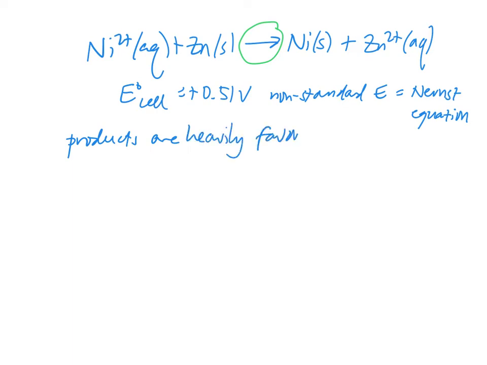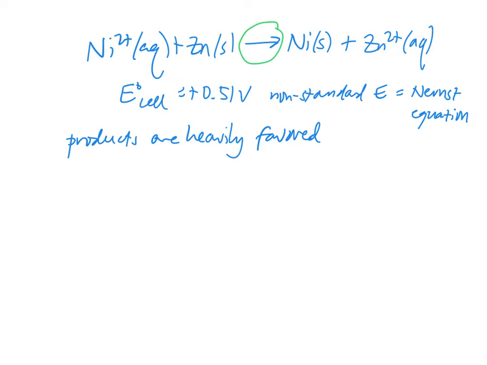Like we get pretty much 100% products and no reactants. The K value for this reaction would be enormously high, as we'll talk about in the coming days. The products are heavily favored, so the reaction's moving towards equilibrium. And in fact, the rate of the forward reaction is so much faster than the rate of the backwards reaction that we just draw a forward arrow here.